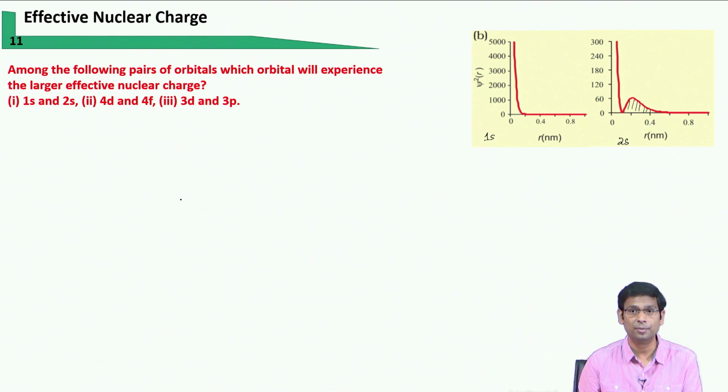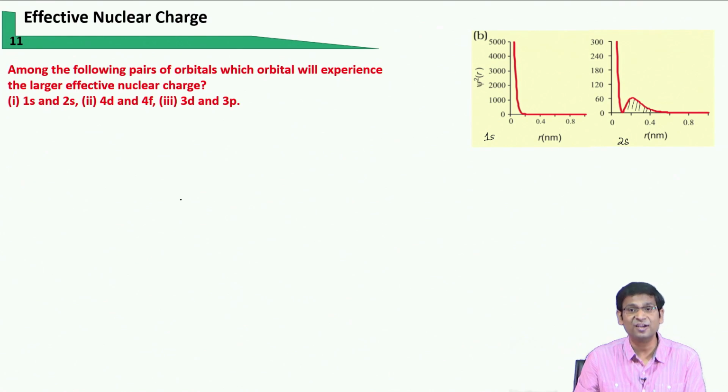So when you have more electrons, not all electrons will experience the nuclear charge to the same extent. The extent to which an electron experiences the nuclear charge is given by the effective nuclear charge. Roughly, when the electron is farther away from the nucleus, it experiences less of the nuclear charge.